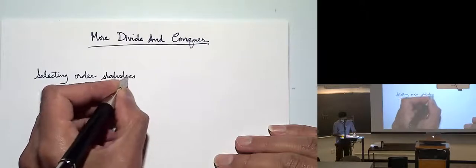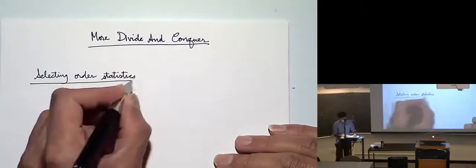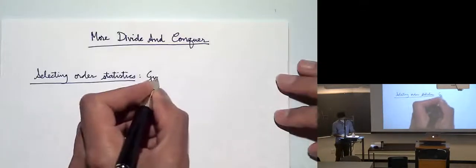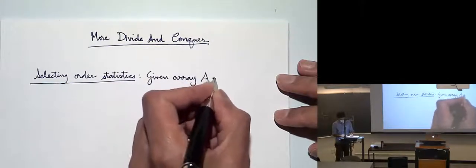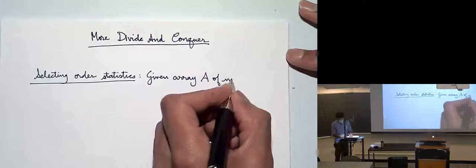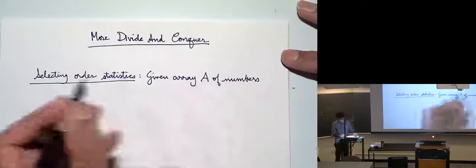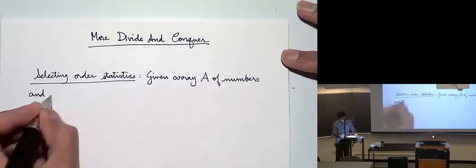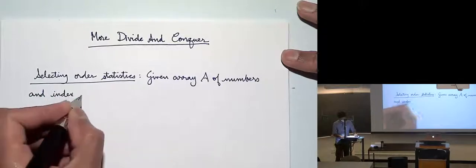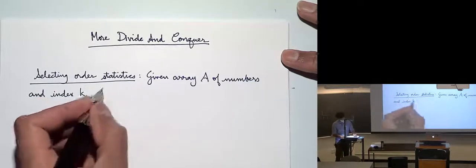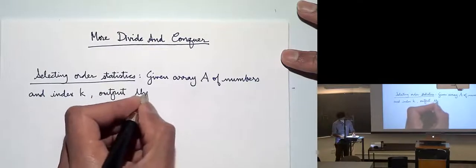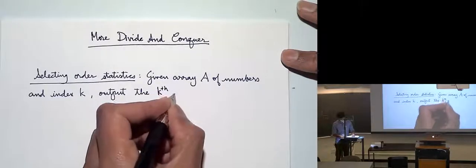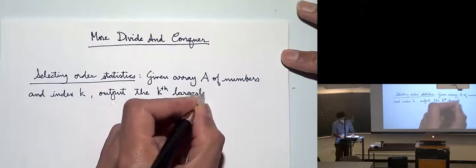This is just a fancy phrase for: given an array A of, let's just say, numbers and an index k, output the kth largest element.